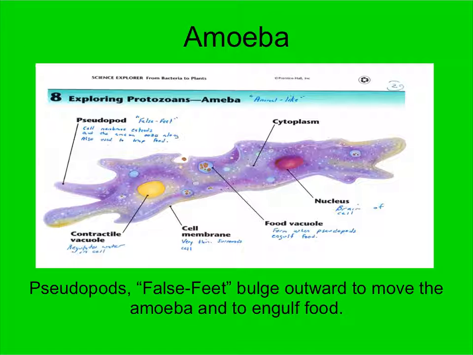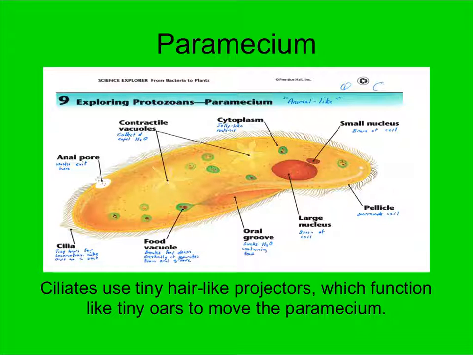And they also have these contractile vacuoles, which are like pumps. So what happens is that because this is in the aquatic environment, the water is always trying to get in. So they have to have a way to flush the water out and pump it out, or they would explode and burst.